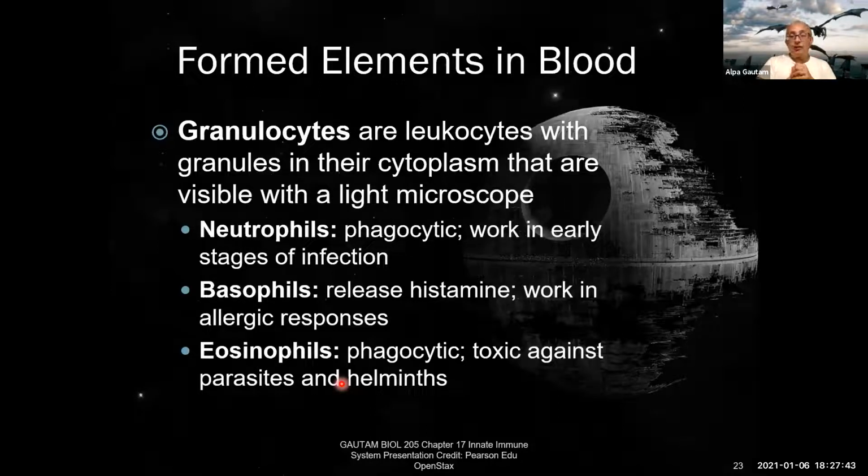Yes, but unlike the neutrophils, they can also release these enzymes. So eosinophils specifically target parasites and helminths. Helminths are worms. So they target worms, worm larvae and so forth, because these are too large to endocytize, so they have to be destroyed outside of the cells.